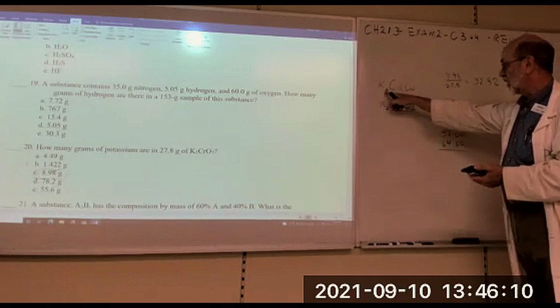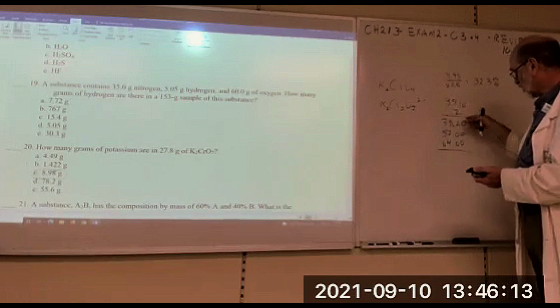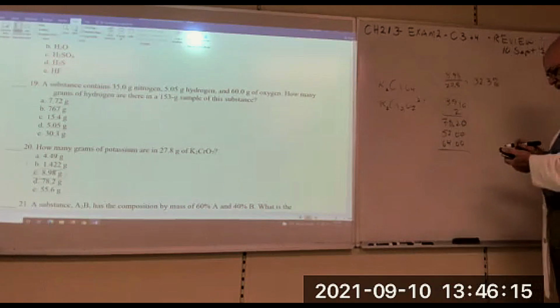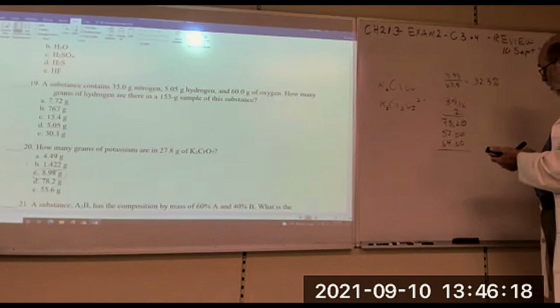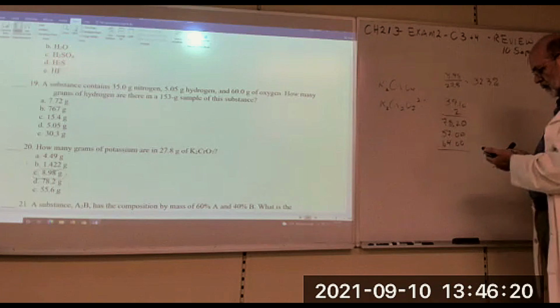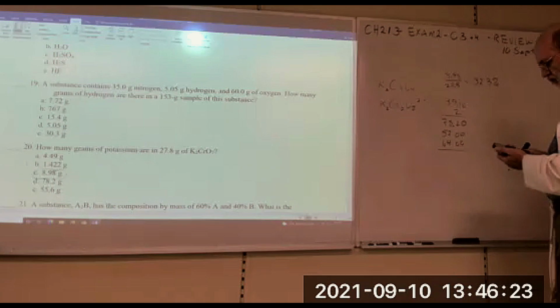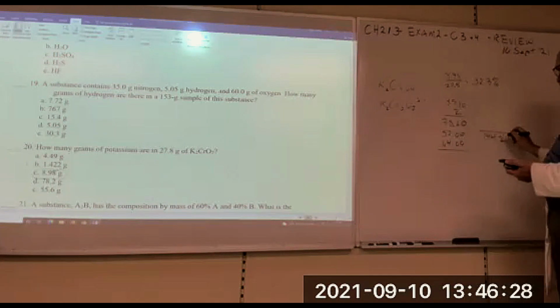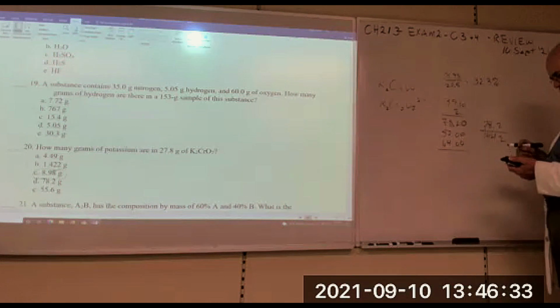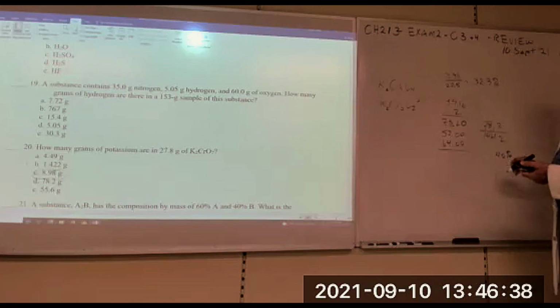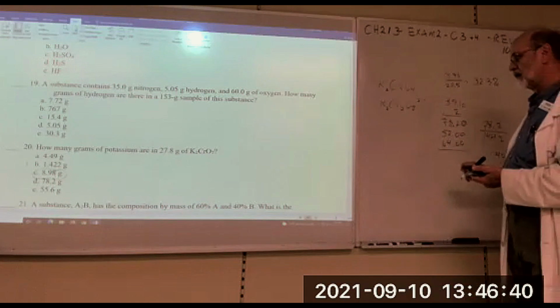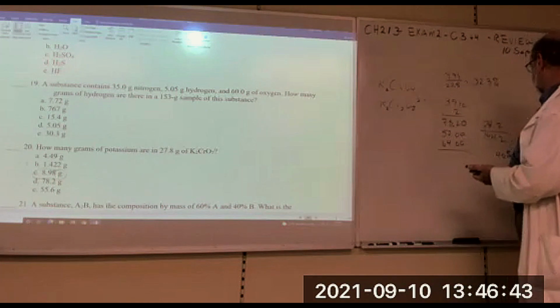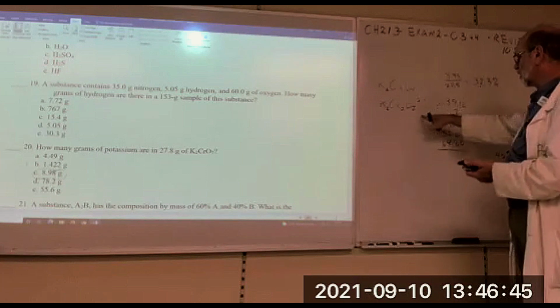I want to use that ratio to the total. 194.2 divided into 78.2 is 40%. So that's 40%, but this one's 32%. So it must be this one.